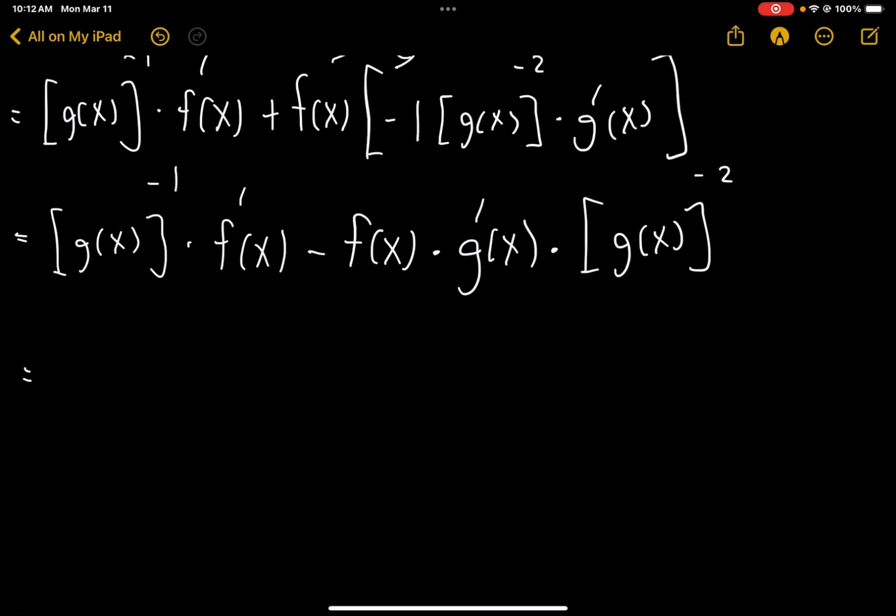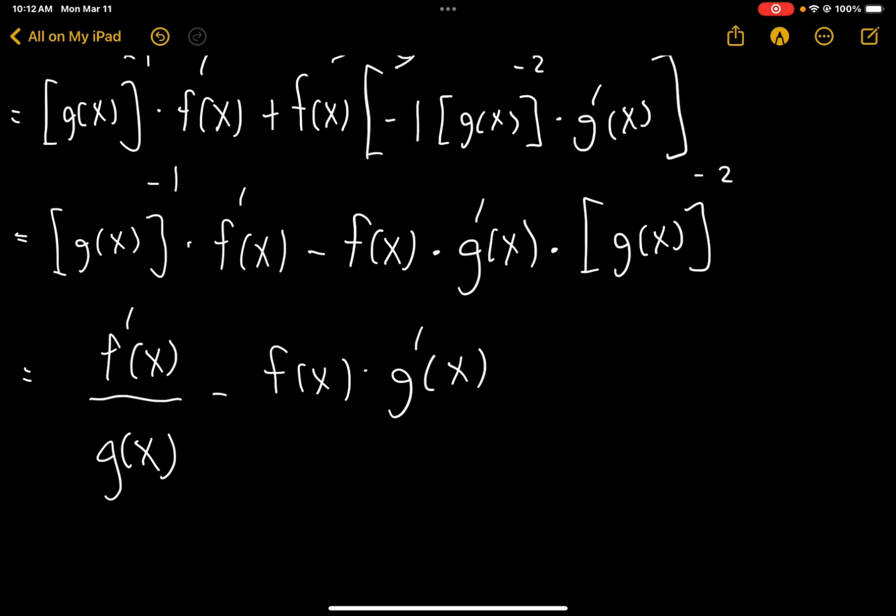And now we can rewrite this as f prime of x, and I'm going to bring down the g of x to the negative 1 to the denominator, because we can do that, minus f of x times g prime of x, and then the same thing for here, in the denominator, g of x squared.